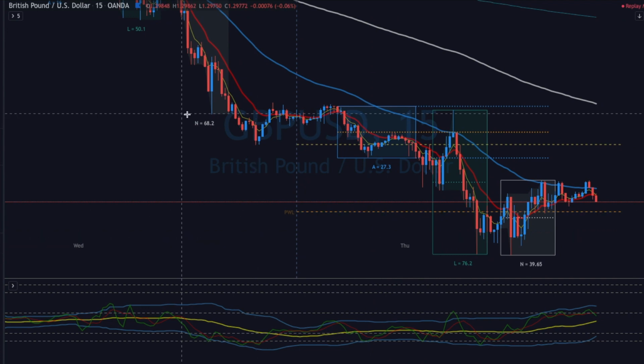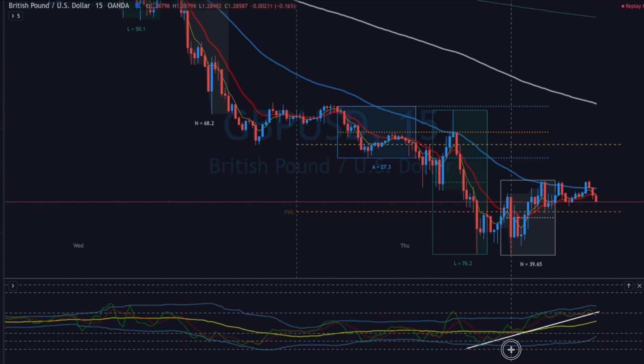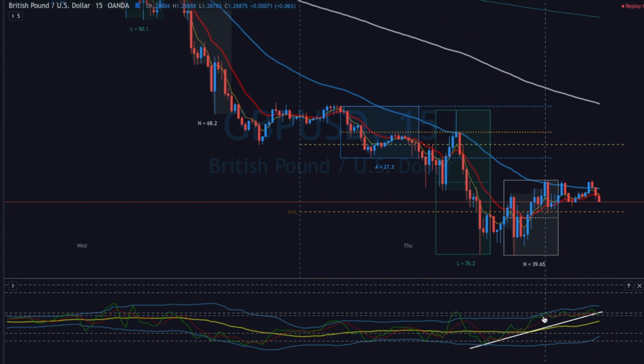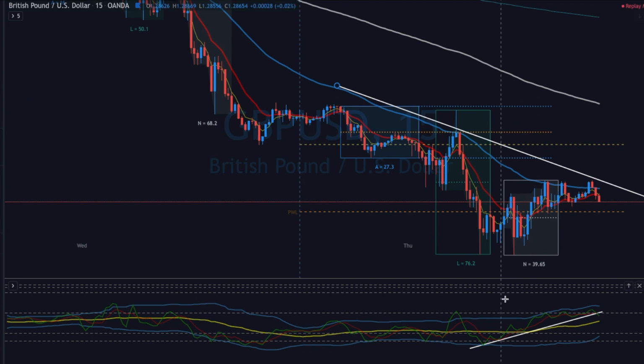I want you to notice how this W here is basically like this. You see how this is going up, right? And this is basically going down. You see that? So essentially this is going down, but this is going up. So this is scaling up, this is scaling down.